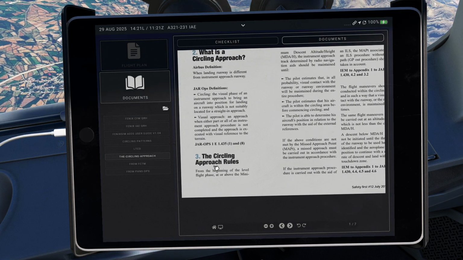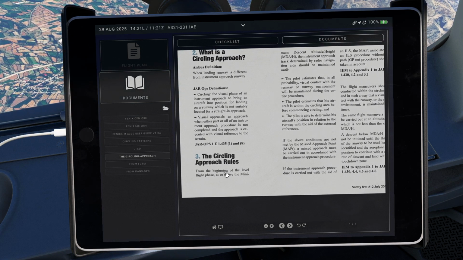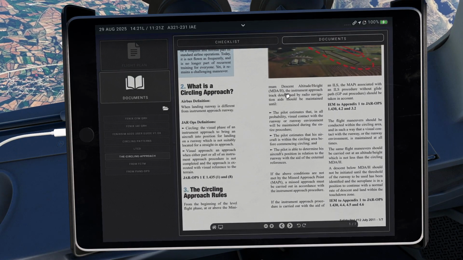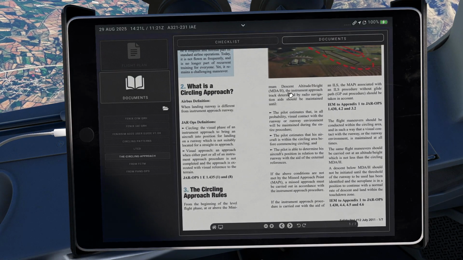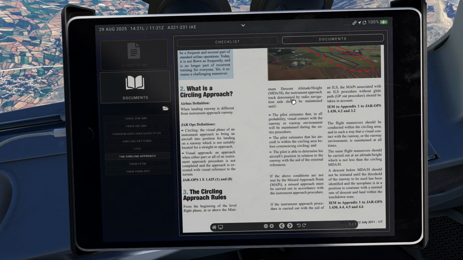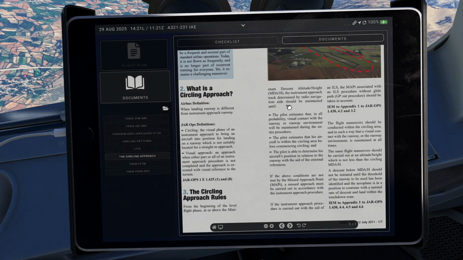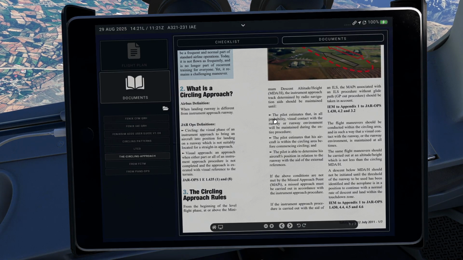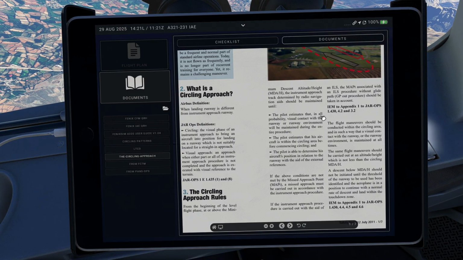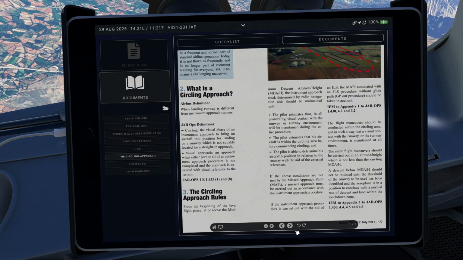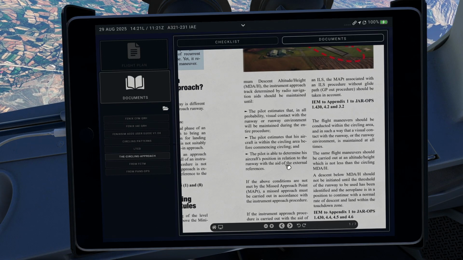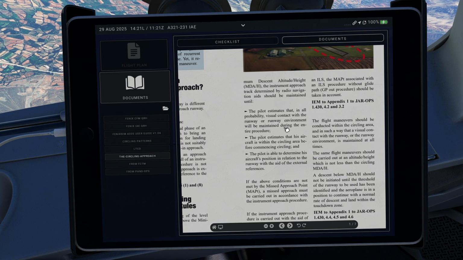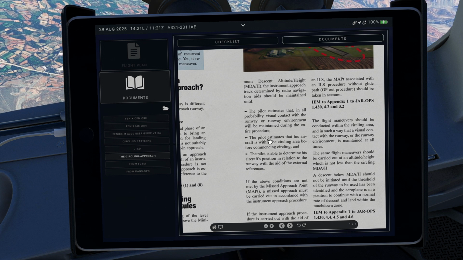For the circling approach rules, from the beginning of the level flight phase at or above the minimum descent altitude or MDAH, the instrument approach track determined by radio navigation should be maintained until the pilot estimates that in all probability visual contact with the runway or runway environment will be maintained during the entire procedure.